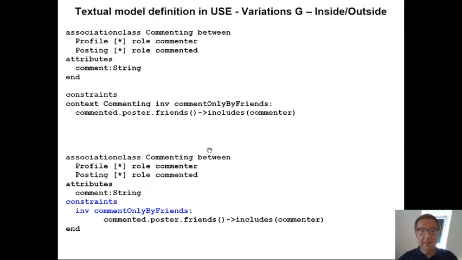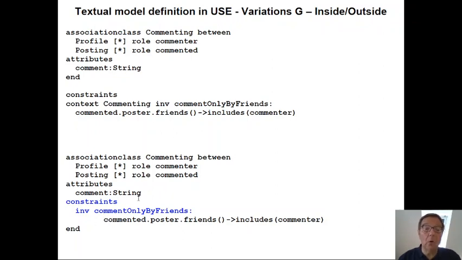You can move this constraint into the class definition itself, that is indicated here. So originally, the association class commenting started over here, and the definition ends over here. And now I've taken the keyword constraints into the class, and I do not have to explicitly write the context, because the context is clear.